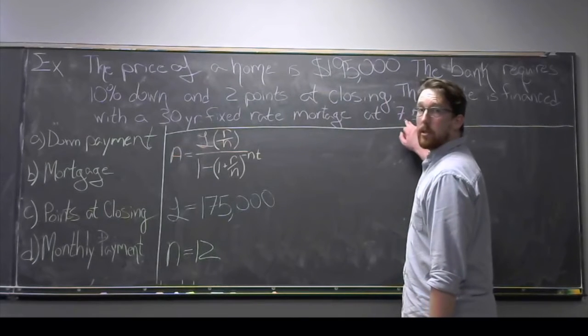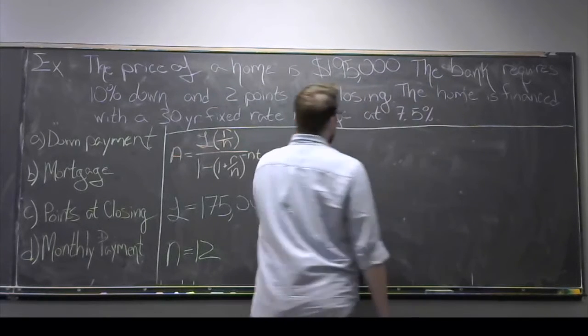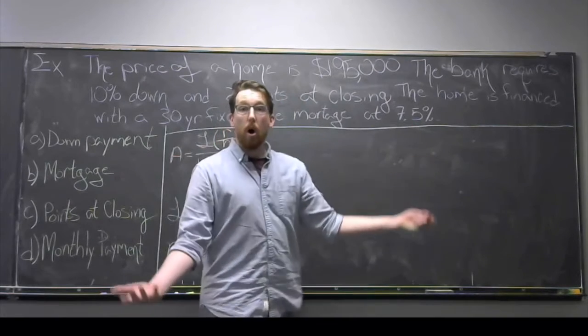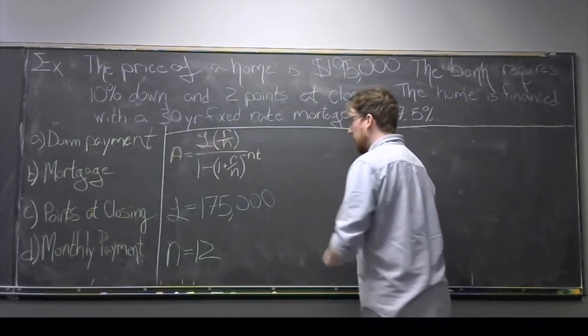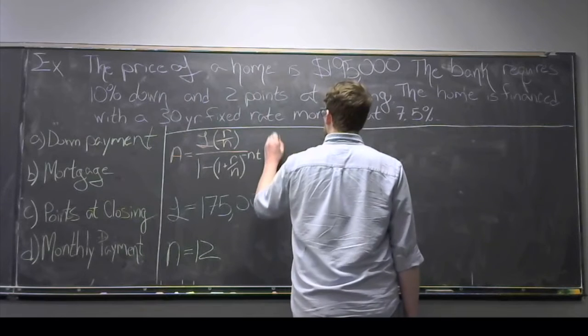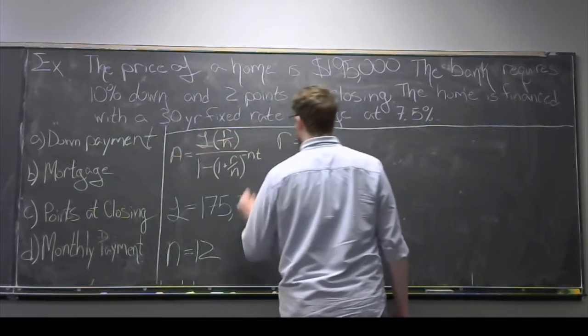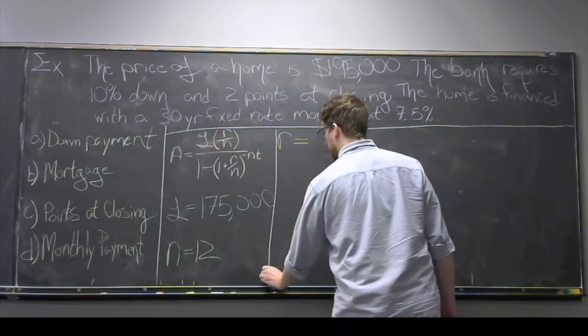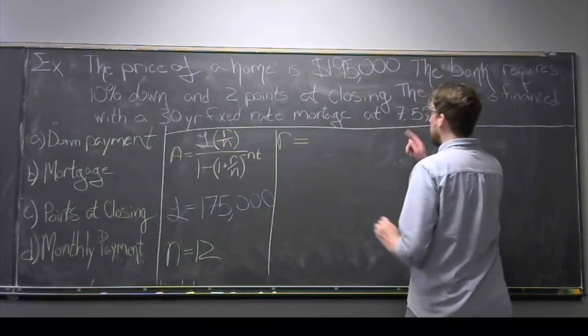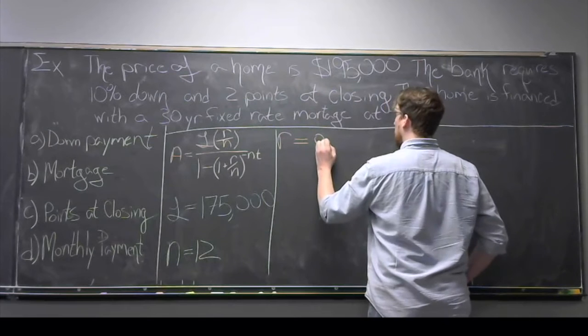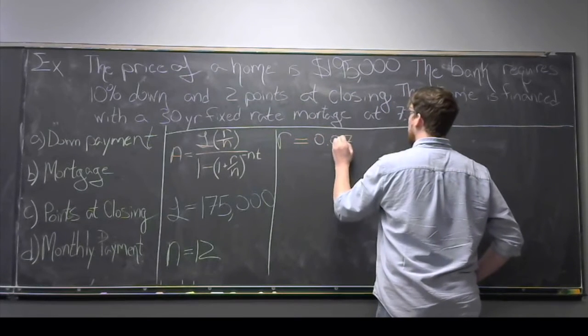The mortgage rate is 7.5%, so R is going to be equal to 0.075.